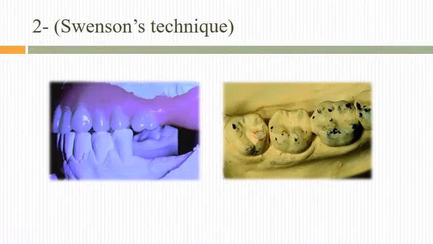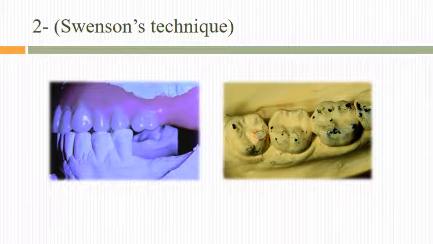The second technique is Swinson's technique, which depends on the use of articulating paper adapted to the occlusal surface of the cast opposed by the complete denture, and then the area of high spot is determined. The next step is removal of this high spot from the cast.